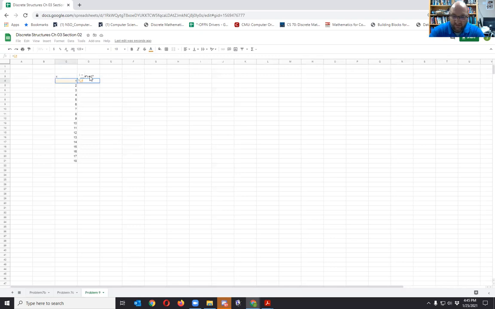Equals x squared plus 4 times x plus 17. Autofill looks great on that. So 17 plus 4 is 21, plus another 1 is 22. I'll buy that. X squared, 2 squared is 4, plus 8 is 12, plus 17 is 29. Okay, yeah, I'll go for that.